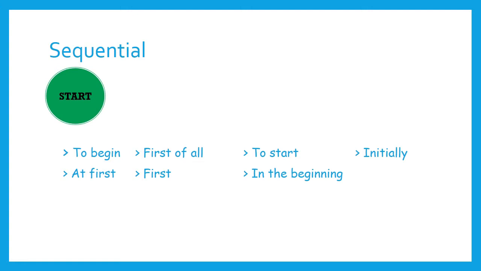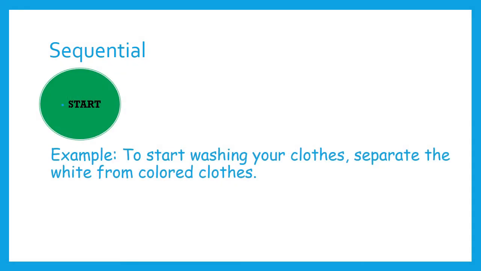Let's try to use it in a sentence. How do you wash your clothes? To start washing your clothes, separate the white from colored clothes. What transition signal did we use? That's right. We used to start. Easy, right? Piece of cake.